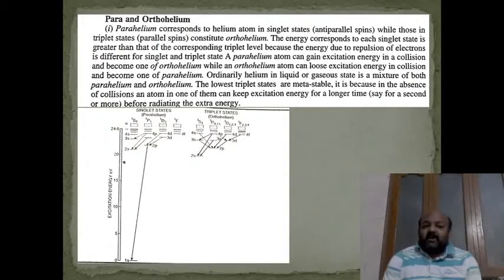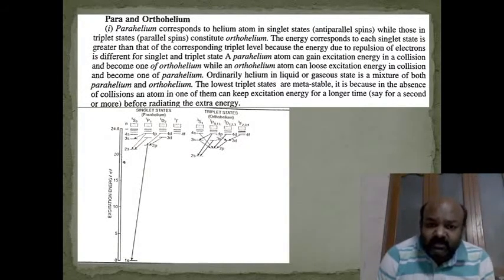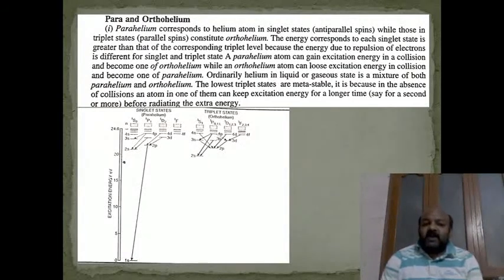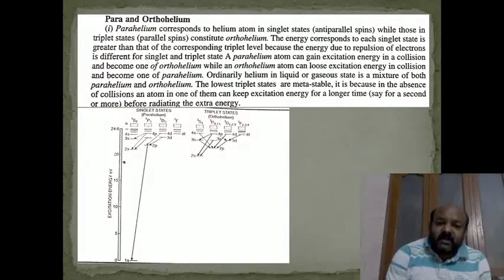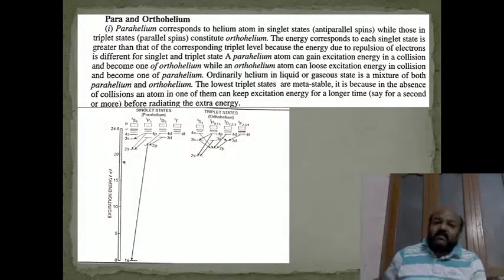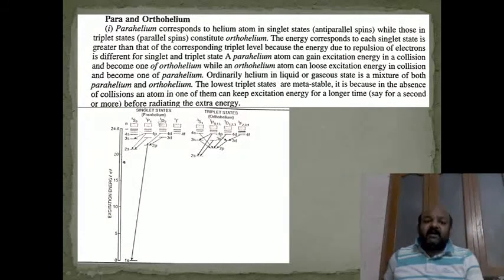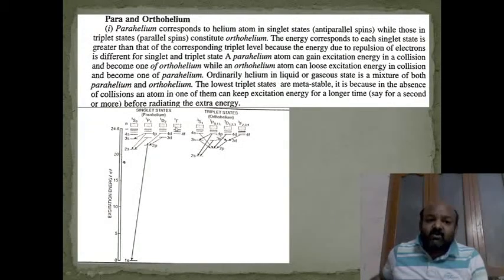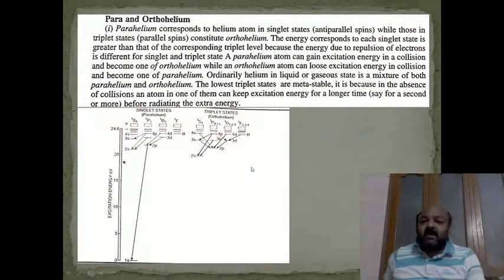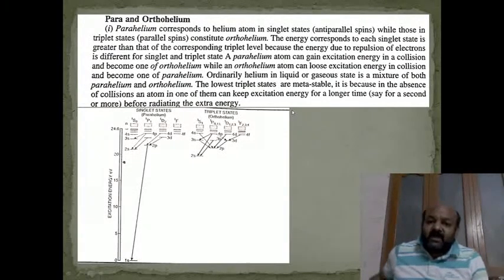Orthohelium can be converted to parahelium, parahelium can be converted to orthohelium. The only difference is that in one way energy is gained and in the other way energy is lost. Ordinary helium, in the liquid or gaseous state, consists of both parahelium and orthohelium. The lowest triplet states are metastable.